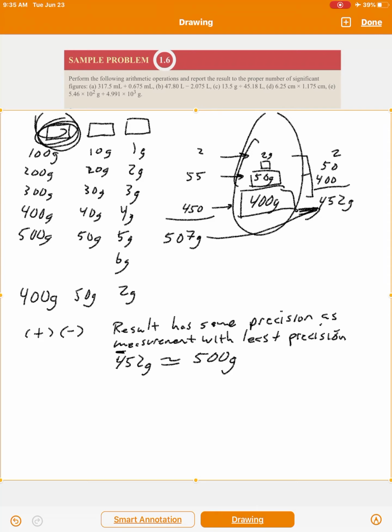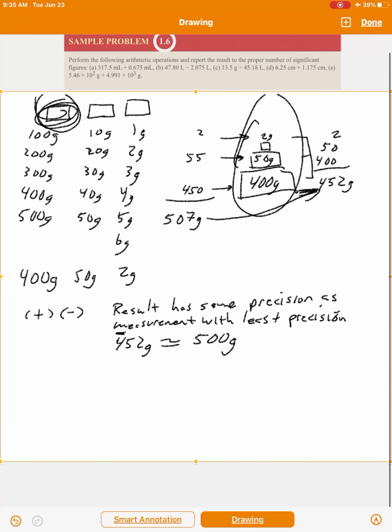That's the idea. You round it to the measurement that has the least resolution or the least precision. Okay? So using that kind of logic, let's try part A and part B. Part C, D are different, so let's just do A and B.